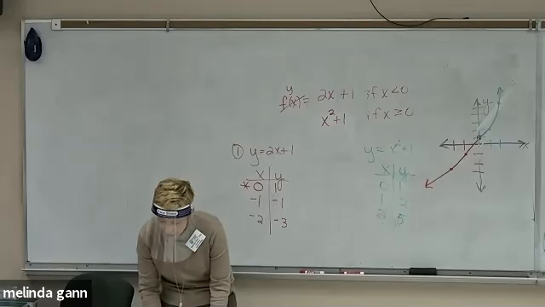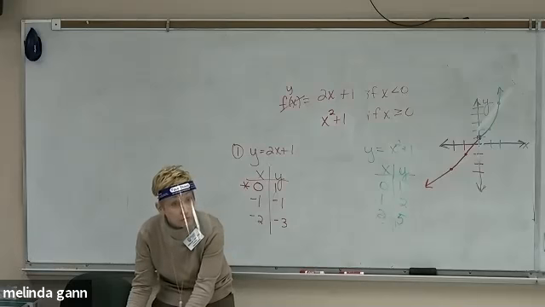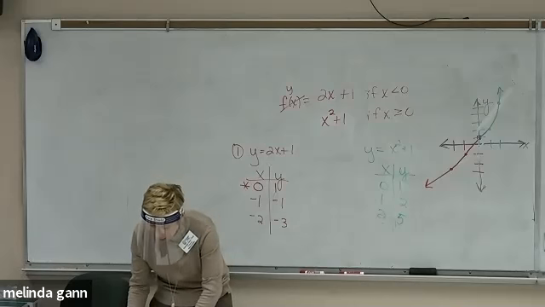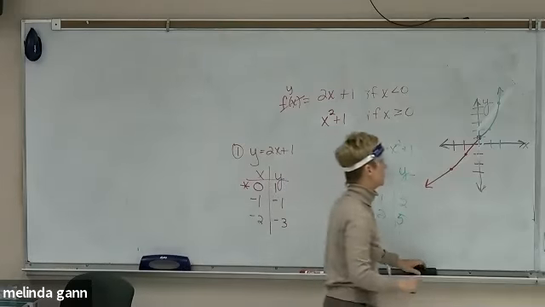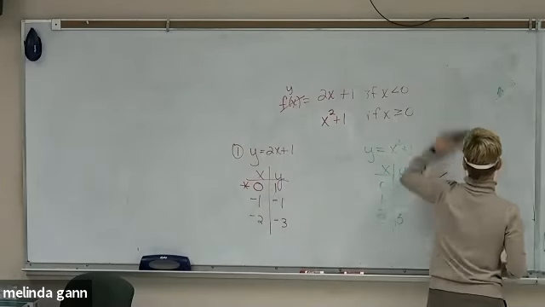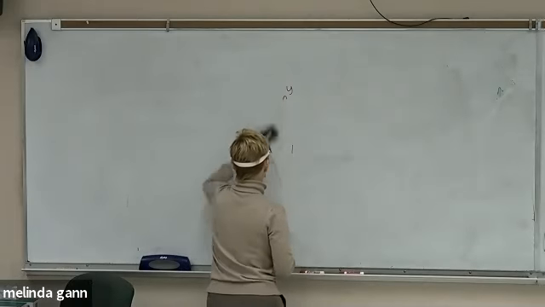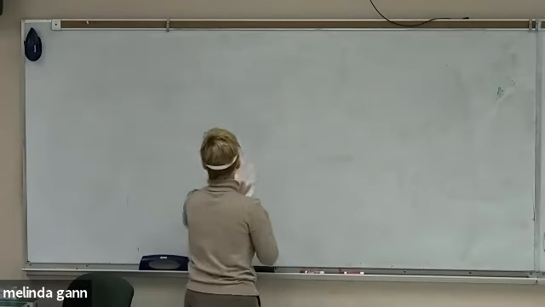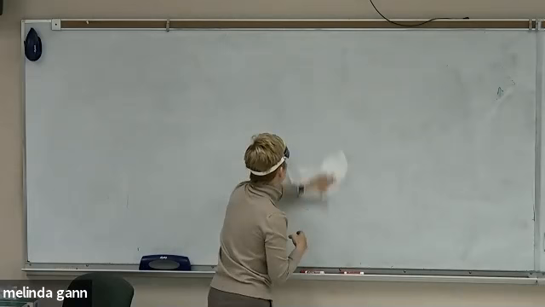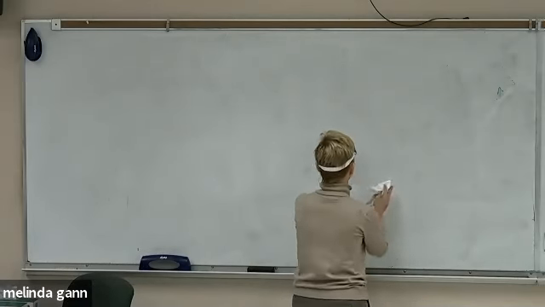All right, so what I want to do then is I want to kind of keep going on the trig review. So in your books on page 33, look in your books on page 33. I want to make sure you know what you have to know to be successful in here.